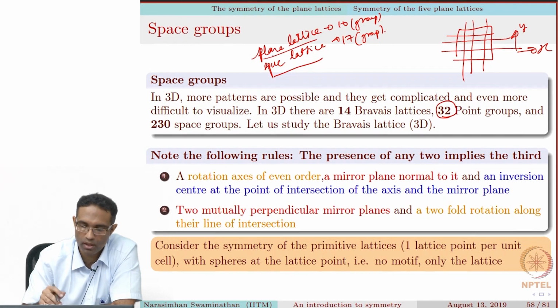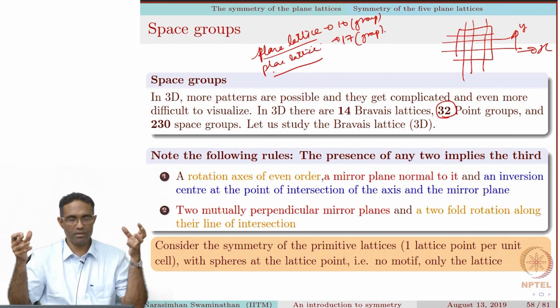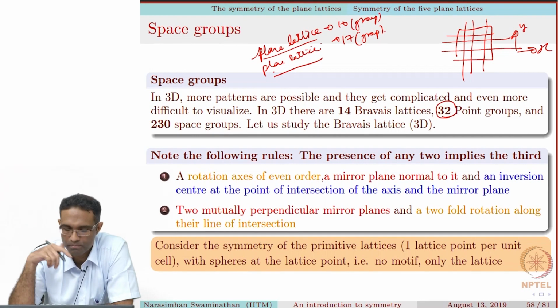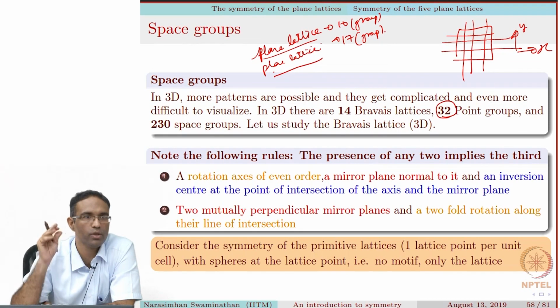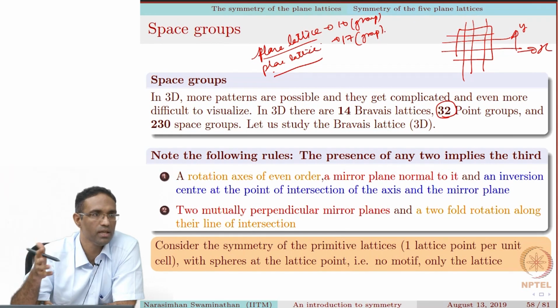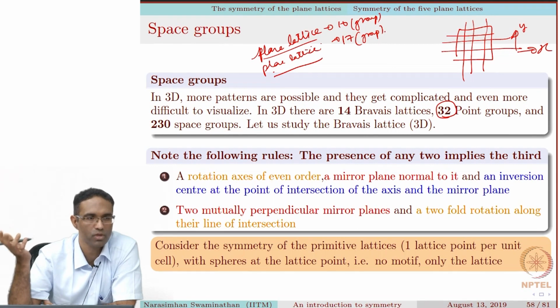Now when you talk about 3-dimensional space, the total number of point groups increases to 32. There are 32 different possibilities, and there are 230 different space groups only. There are only 230 different ways you can arrange things in 3D so that you have lattice translation, so that it is a 3-dimensional, infinite crystal.